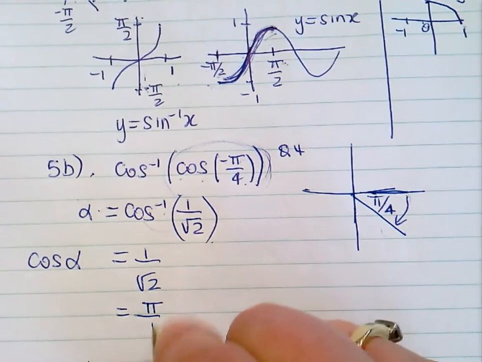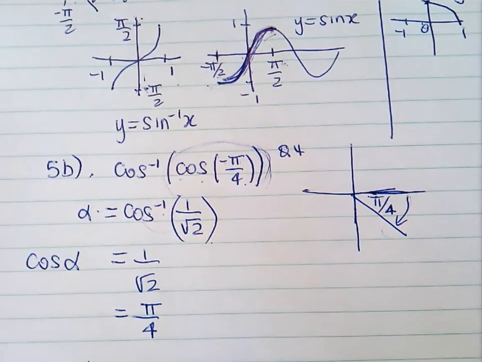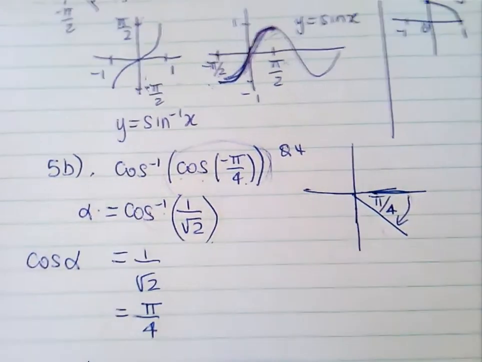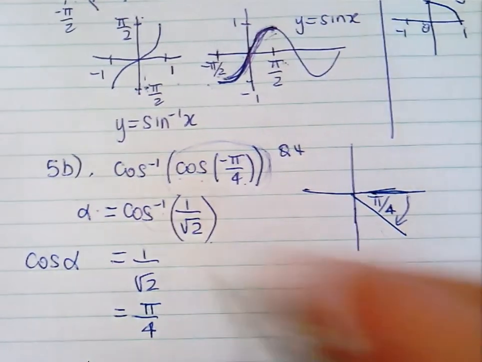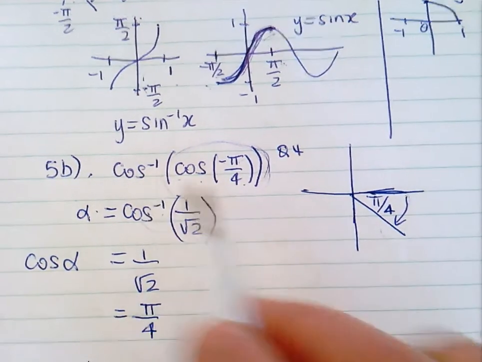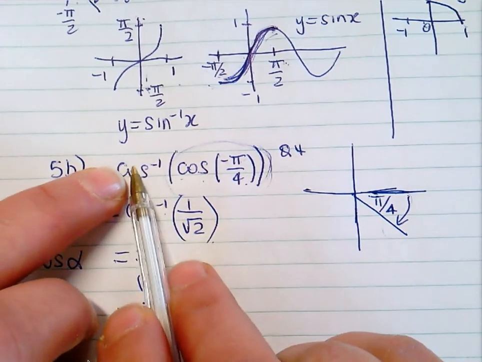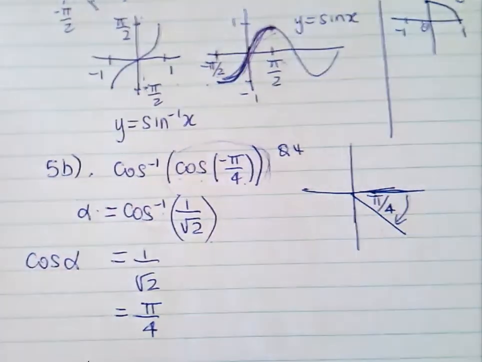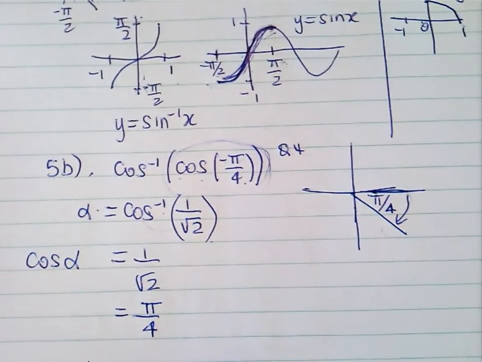The answer has to be positive pi on 4, not negative pi on 4. So none of this let's just cancel out business. We can't do it. Sometimes it works, sometimes it doesn't. It may not work with cos. It'll work with sine. Sometimes works with cos, depending on if you're doing the inverse one first or second.